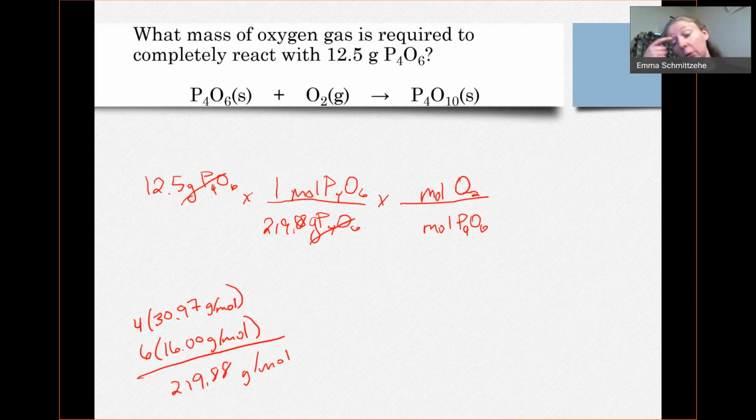But if you look at this equation and you say, okay, well, here's O2, and there's one of those, and here's P4O6, and there's one of those, you should be a little suspicious because it's pretty rare that we have things, at least in general chemistry, that react one-to-one. A lot of reactions don't react one-to-one. Maybe when you get into organic chemistry, they do. But in here, it doesn't.